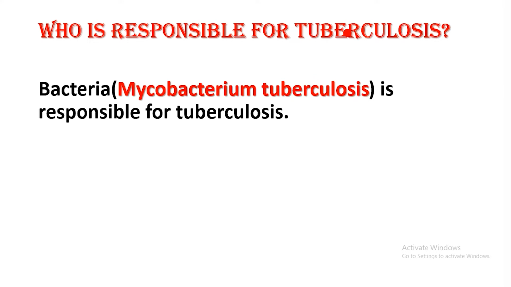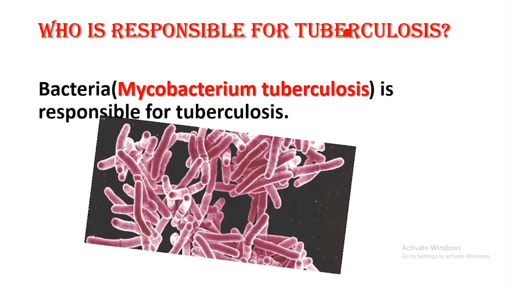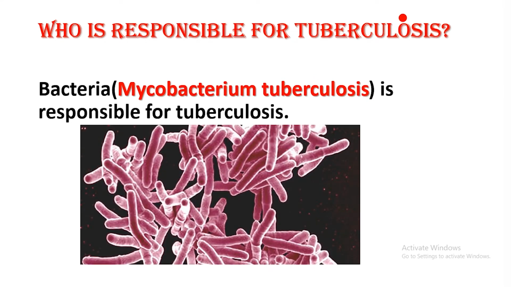For further information, if you have time, you can write Mycobacterium tuberculosis is responsible for tuberculosis disease. Here is a picture to clarify your answer, but you do not need to draw this picture for your 1 mark question. For a 1 mark question you have to write your answer in one word or sentence, as I said earlier.